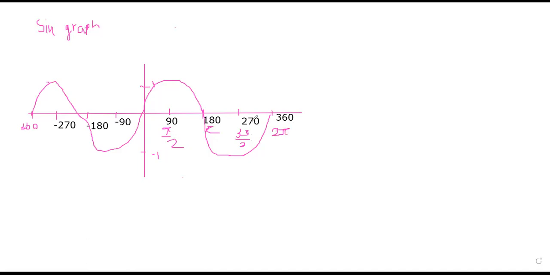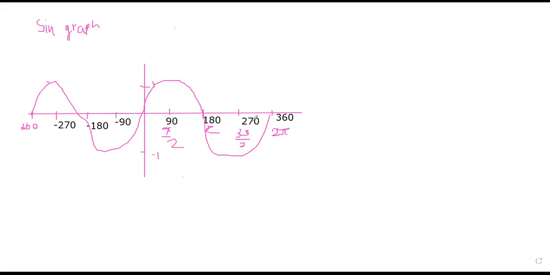Let me see what 3 pi is: 3 into 180 divided by 2 is 270.